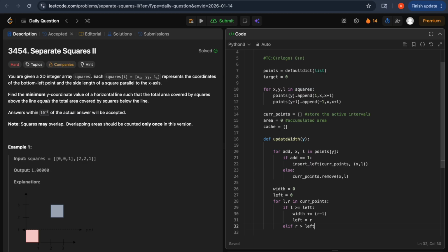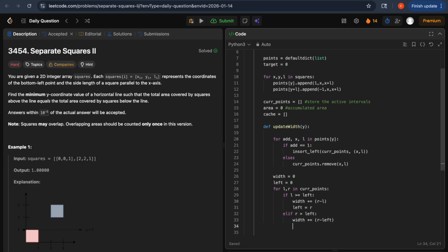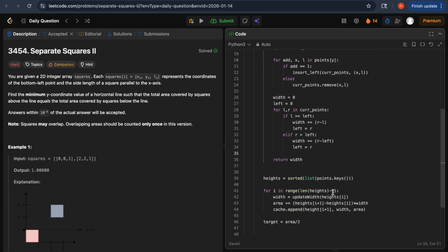So if the rightmost of the interval is greater than left, then we can say that this overlaps. So width equal to r minus left, we subtract this and then we add it, and again we update left is equal to r, and then finally we return width.